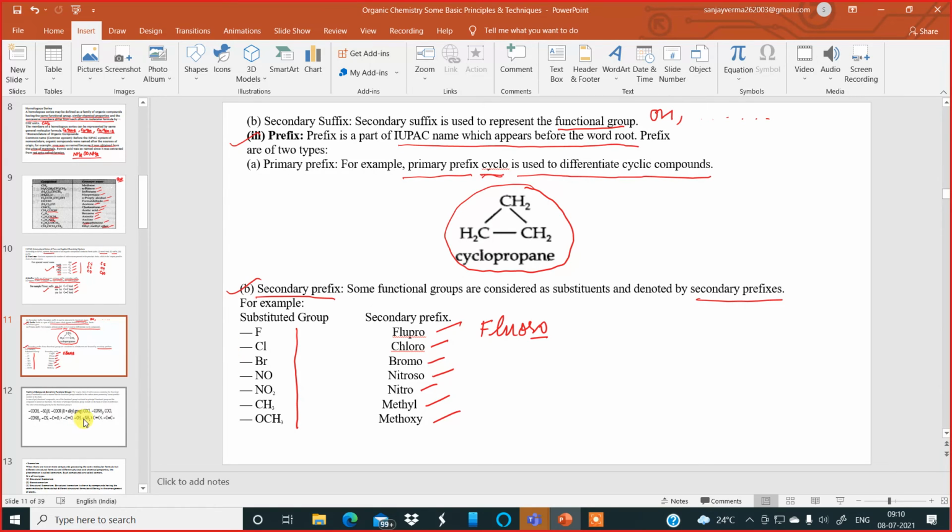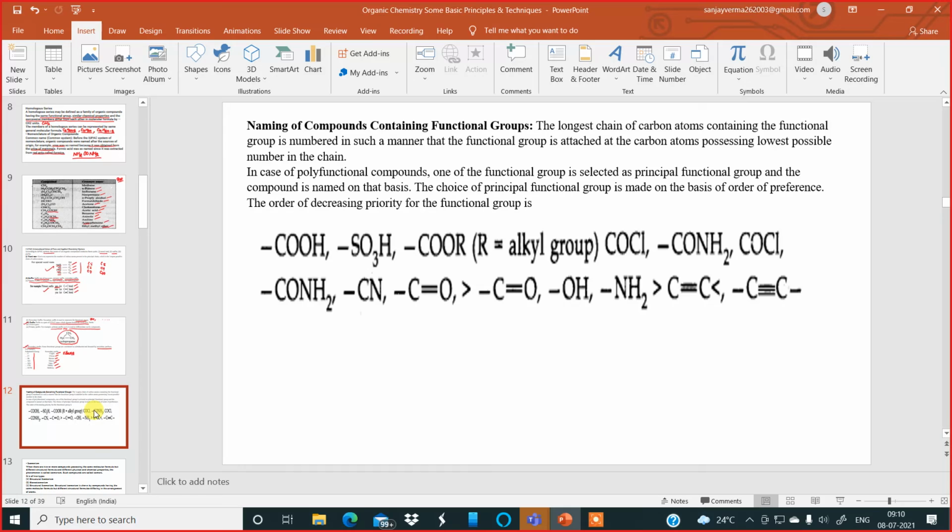Okay. Now moving to the next slide, you can see naming of compounds containing functional groups. The longest chain of carbon atoms containing the functional group is numbered in such a manner that the functional group is attached to the carbon possessing the lowest possible number in the chain, which I have explained last year also.